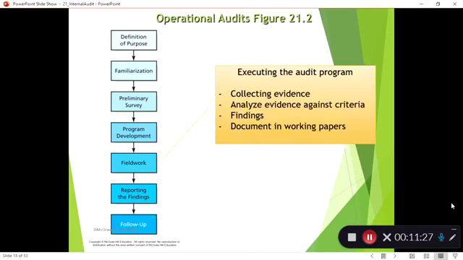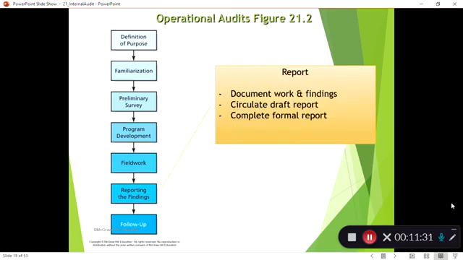When you do the work, in terms of executing, collecting the evidence, then the next step is reporting on the findings. And one key point I want to make is that this draft report ends up going to the individuals in the operating unit that are in charge, right?